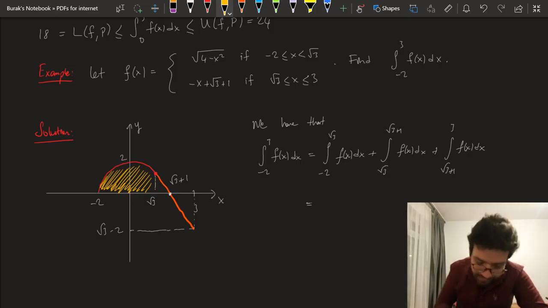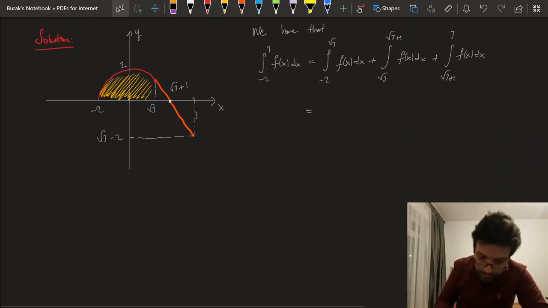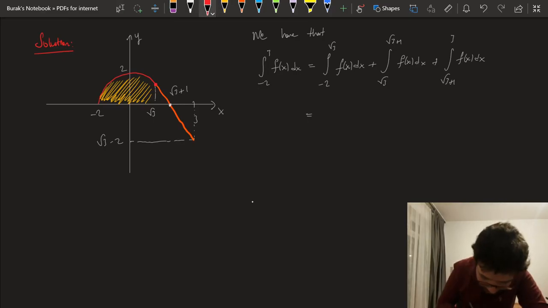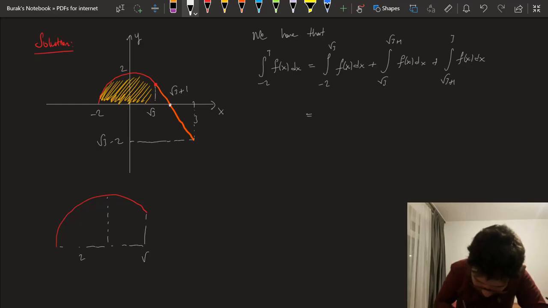How am I going to find that area? Let me draw it over here. So I have a semi-disk, and this is 2, this is root 3, and this is 2.